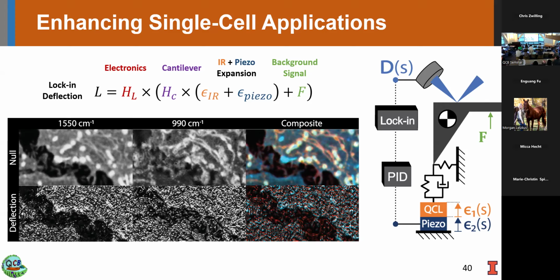The orange and reddish was this other band, 990. In the paper, we're not 100% certain what that was. It just produced another very unique, distinct contrast. And when we overlaid them, we could see a lot of different colors. At the time, and even today, we're still not 100% certain where that peak is. That's where machine learning in the future will hopefully come in.